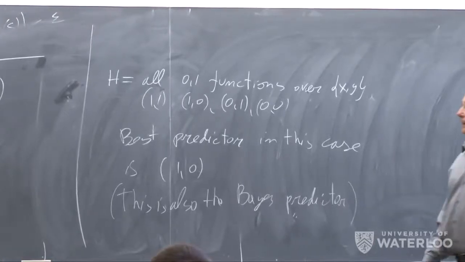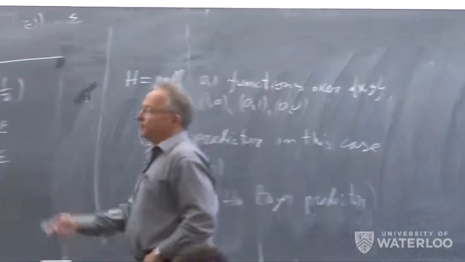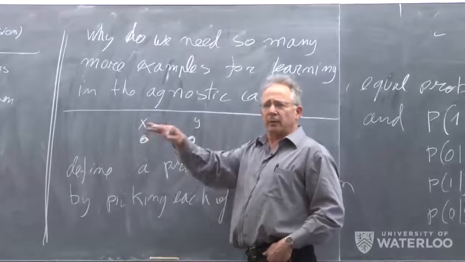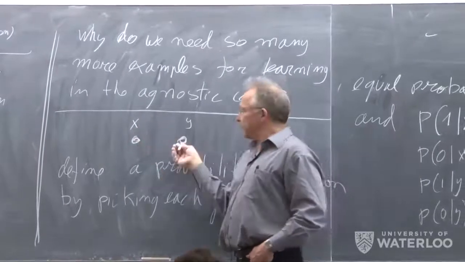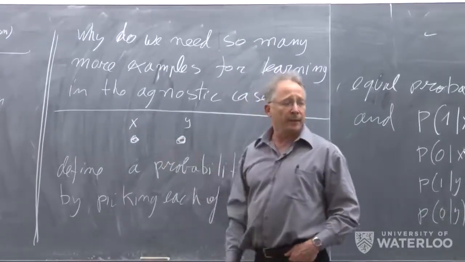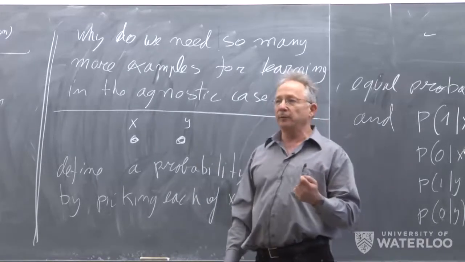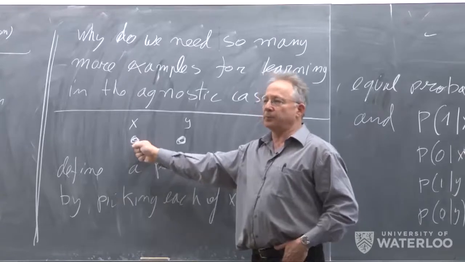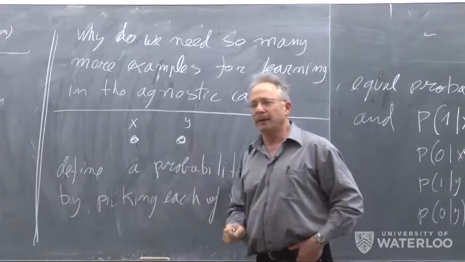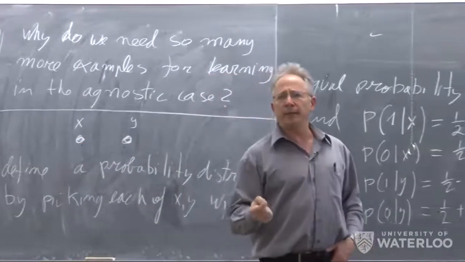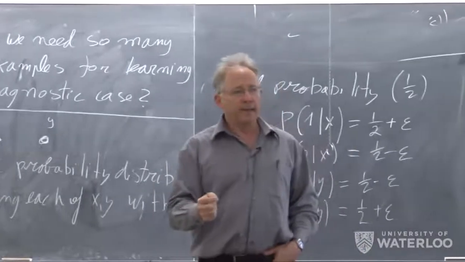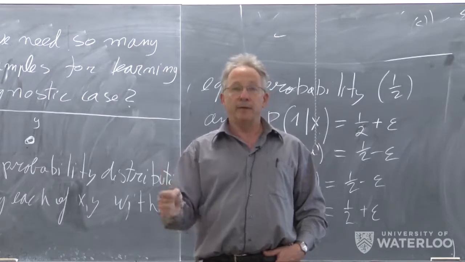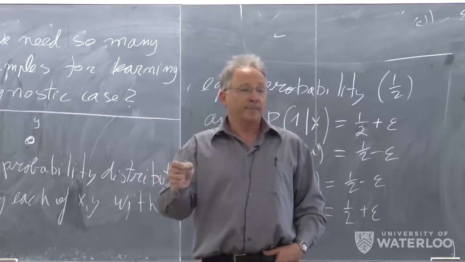But now I'm just giving you samples from these points. And now what do you see? You see a point and you see either a 0 or 1 label. You see another point, you see either a 0 or 1 label. In order to tell me that this point is more likely to get 1 and this point is more likely to get 0, it's like I'm holding a coin in my hand, and the coin is biased towards heads.